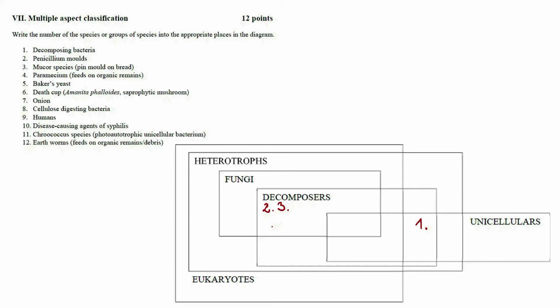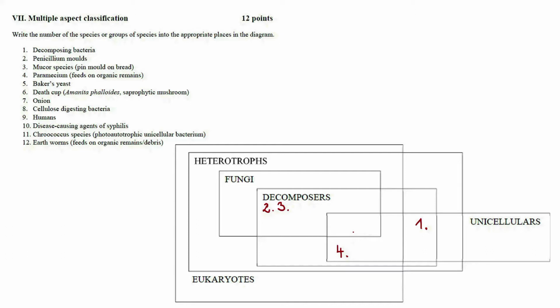Paramecium, which is a unicellular eukaryote, it feeds on organic remains. It's a unicellular eukaryotic organism and it is a decomposer, so 4 comes here because it's not a fungus.